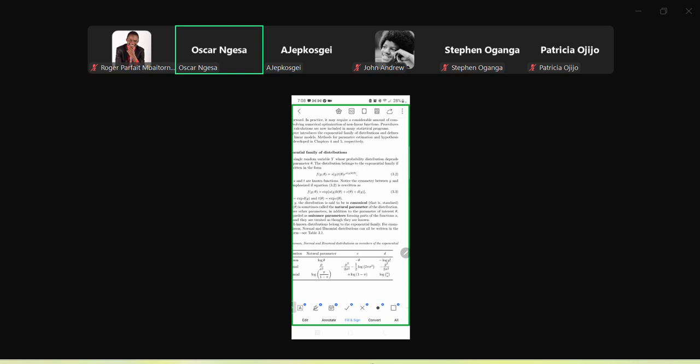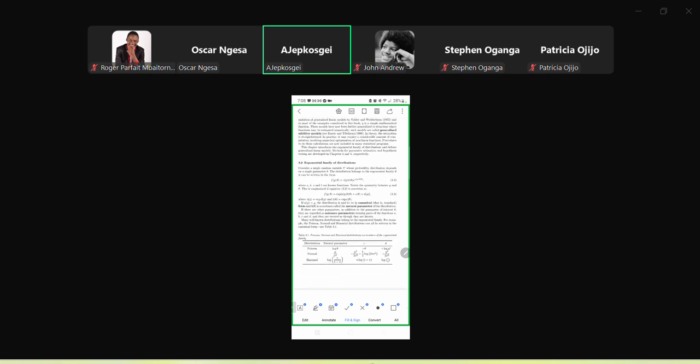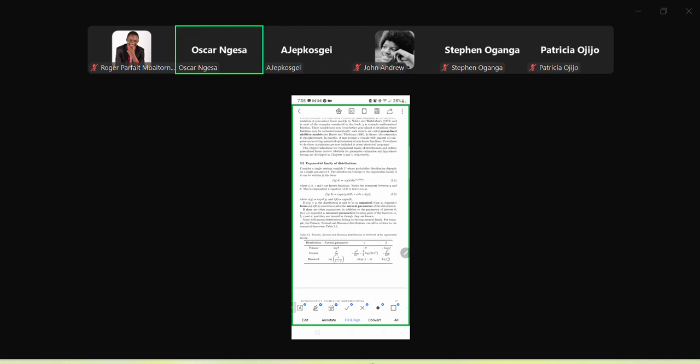If you write that PDF in the form of the exponential family, and a(y) is just y, not y squared or y cubed, then we say that PDF is in canonical form.